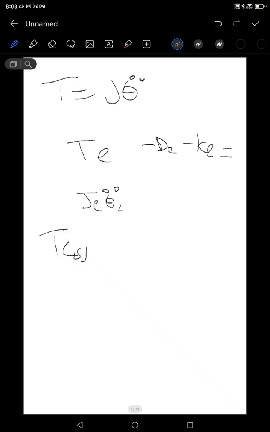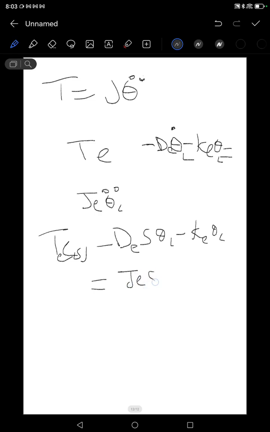Oh, sorry guys, we have the theta dot here, the theta L. So we're going to have the Laplace of T. It's going to be T of s minus DE s theta L minus KE theta L equals JE s squared theta L. Now we can take out the theta L. Remember, on that equation they want us to determine theta L over T, and here we can take this to the other side.